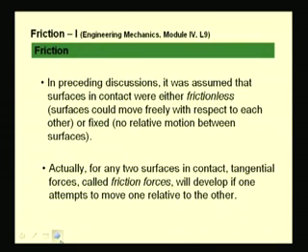The origin of these frictional forces is primarily due to the non-uniform nature of the contacting surfaces at the microscopic level.